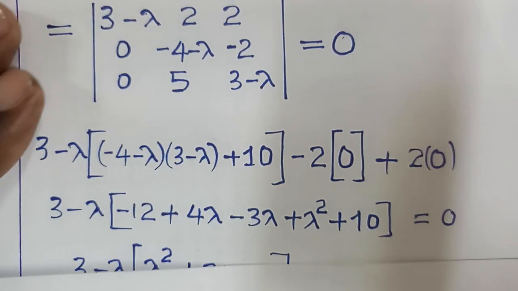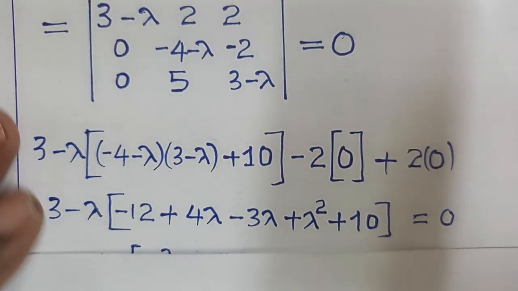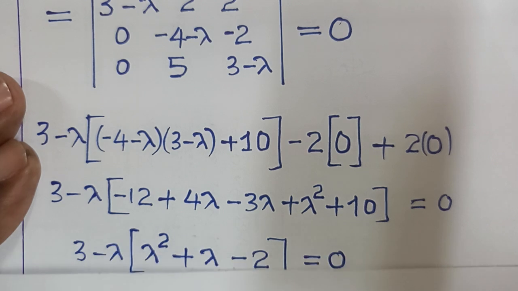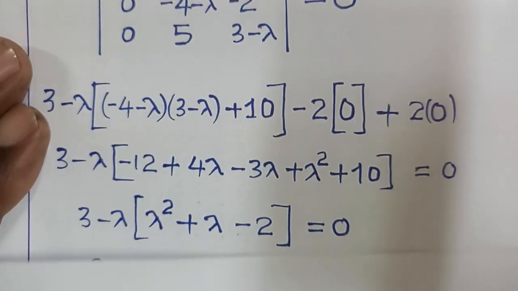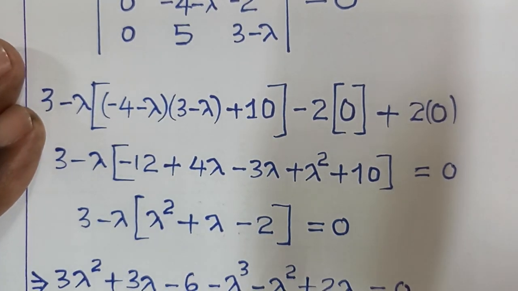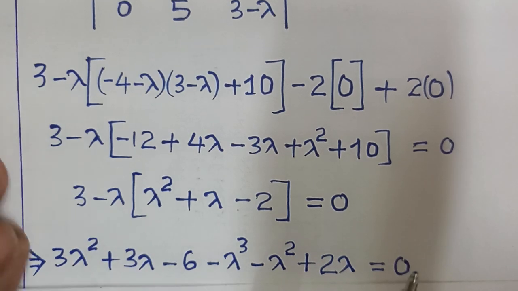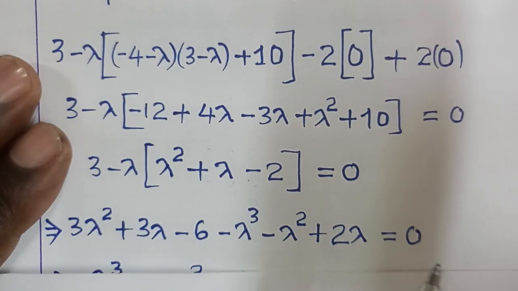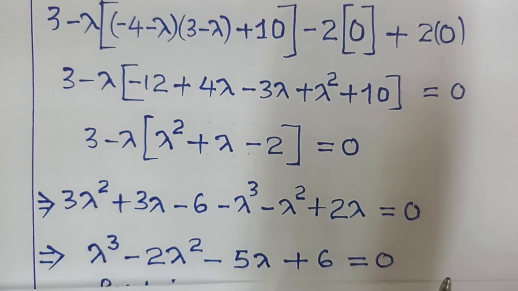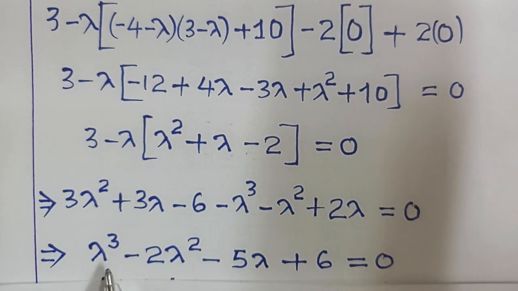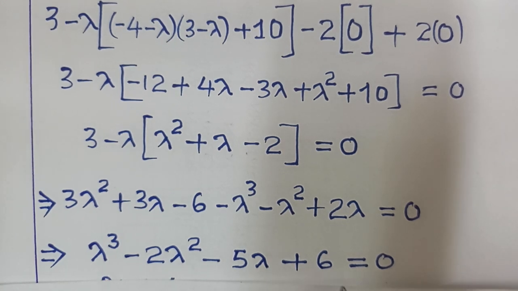And so finally we shall have such an equation, which when we work it out, we shall get a polynomial equation, which is right here. When we simplify the polynomial equation, we are going to get this.